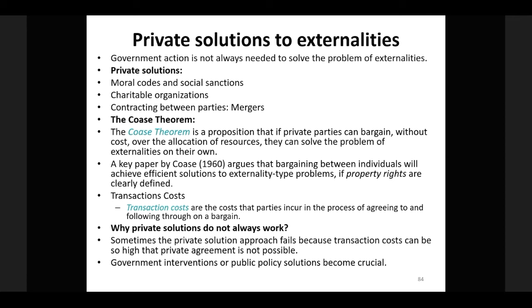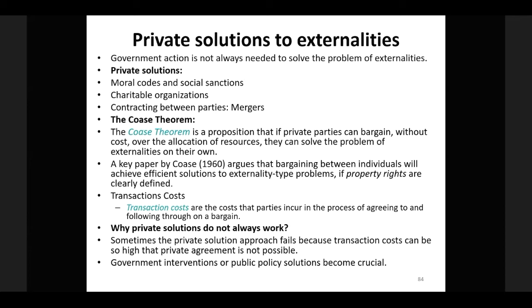There can also be something like contracting between parties. Parties can come to agreement and enter into some contracts, and this can even move on to what we call mergers. For instance, if one firm's production activities cause a negative externality to another firm, one way of internalizing the externality might be, okay, let the two companies negotiate so that they merge.